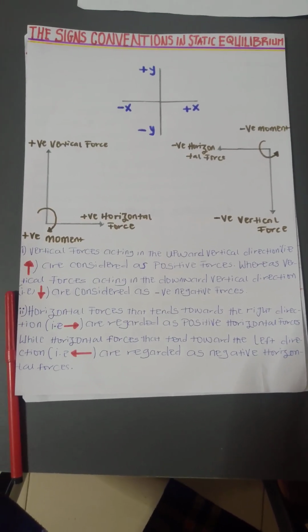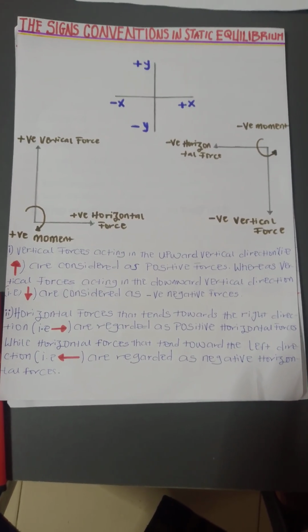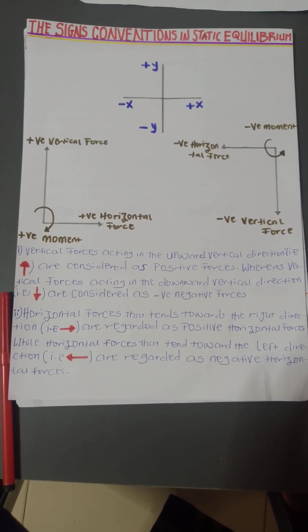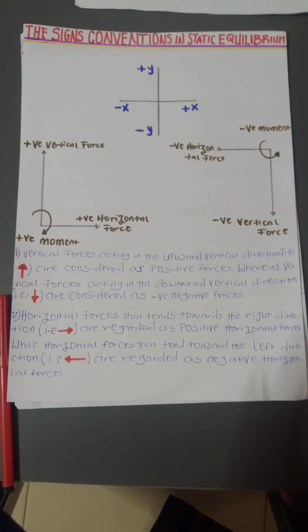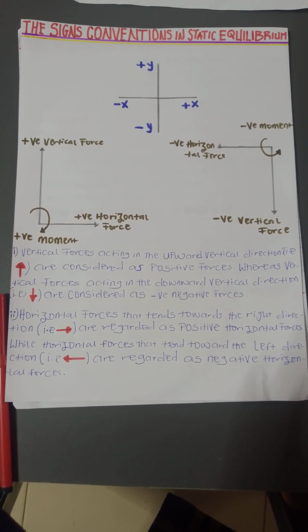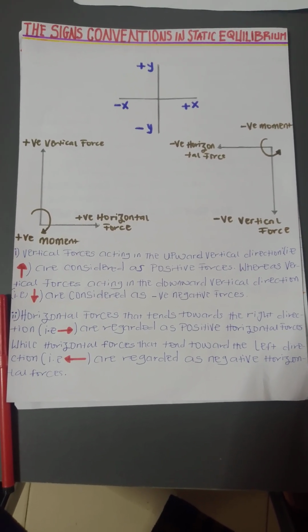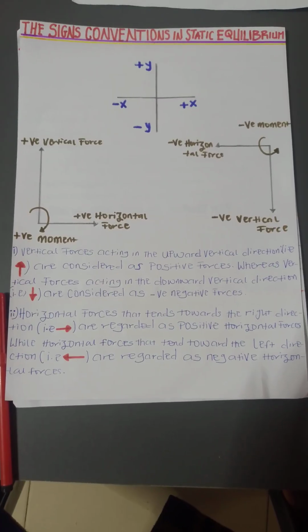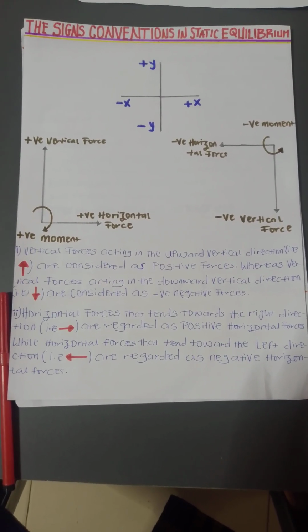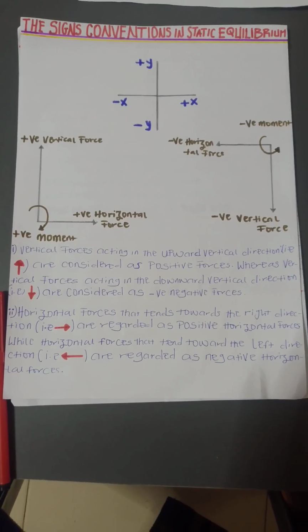Horizontal forces that tend toward the right direction, you can see the arrow pointing to the right, are regarded as positive horizontal forces, while horizontal forces that tend toward the left direction, you can see the arrow pointing toward the left, are regarded as negative horizontal forces.